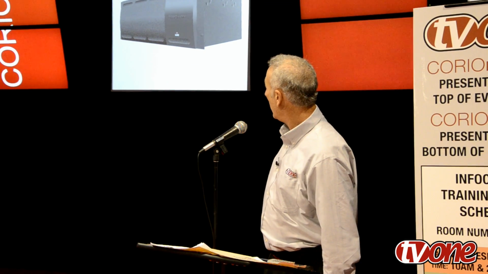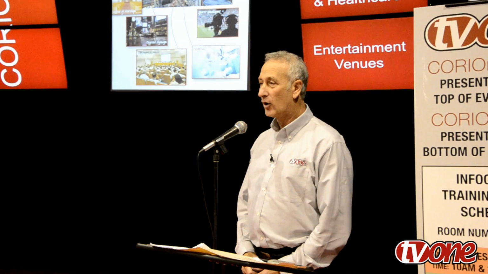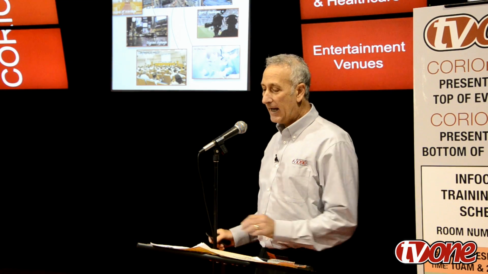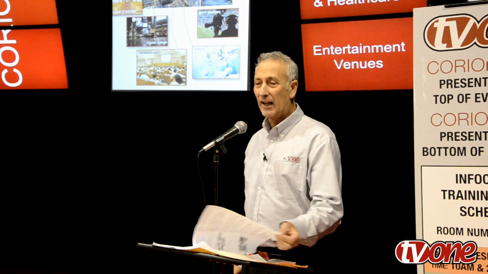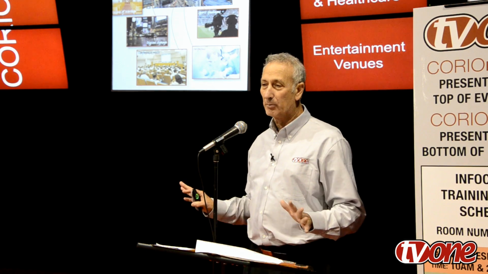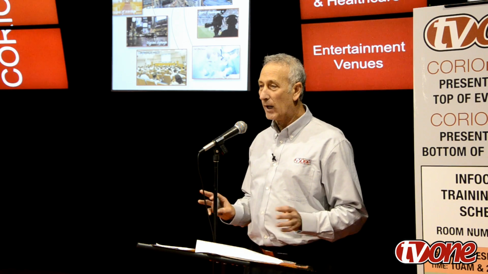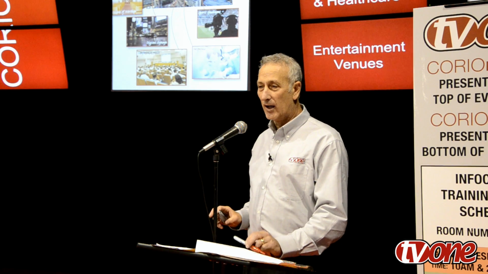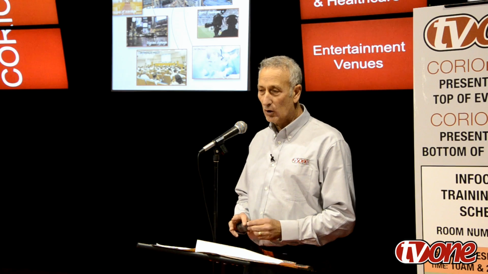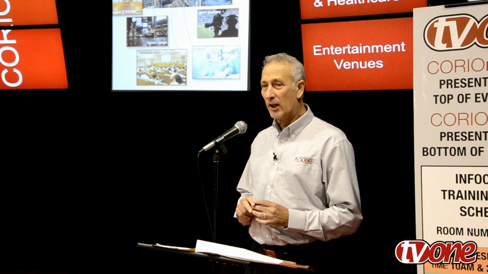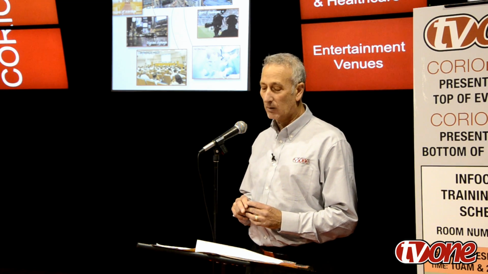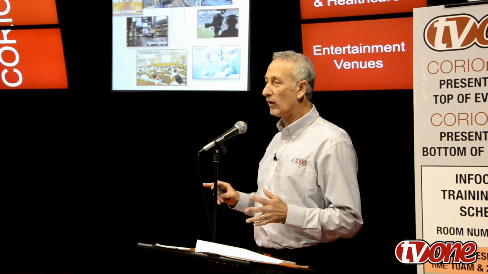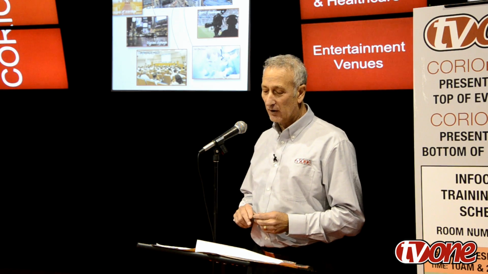Some typical ways in which Corio 3 is used. In a house of worship setting, you can have multiple projectors on the stage. At the same time, you can be sending separate feeds to classrooms all around the building. It serves as a multi-view previewer and a seamless switcher. In a commercial or architectural display, you can have a video wall of 6 by 5, 30 different displays.